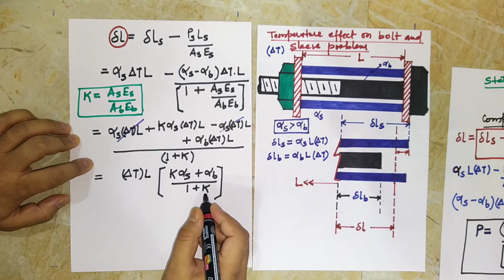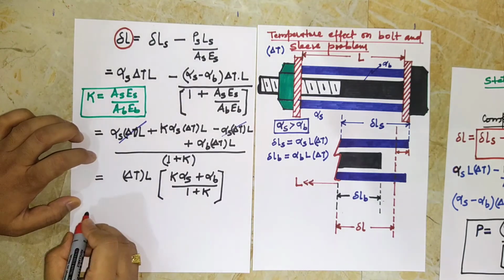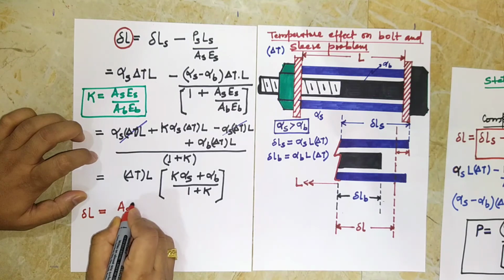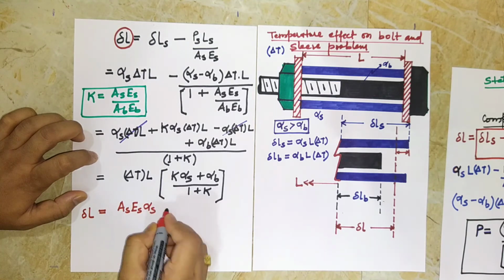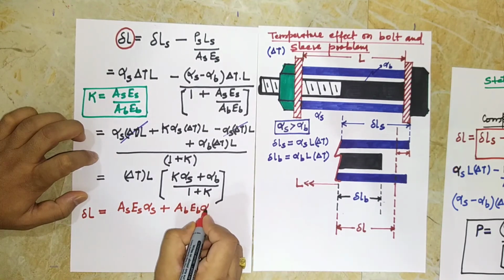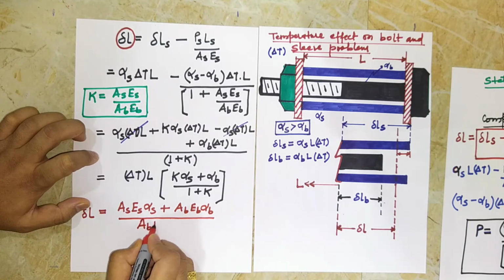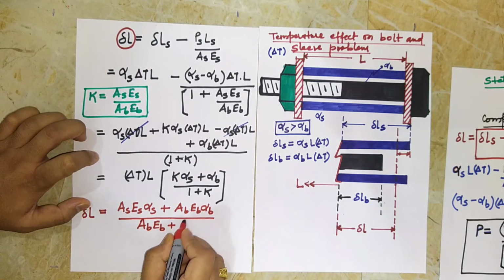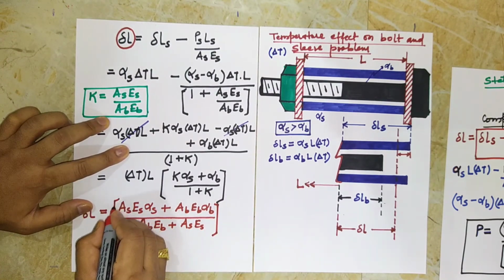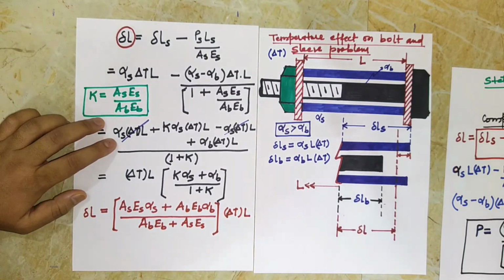And when we substitute the value of K from here, we'll find the change in length, I'll write with another pen, that is del L is equal to AS ES alpha S plus AB EB alpha B by AB EB plus AS ES, whole multiplied by del T, that is change in temperature, into initial length.